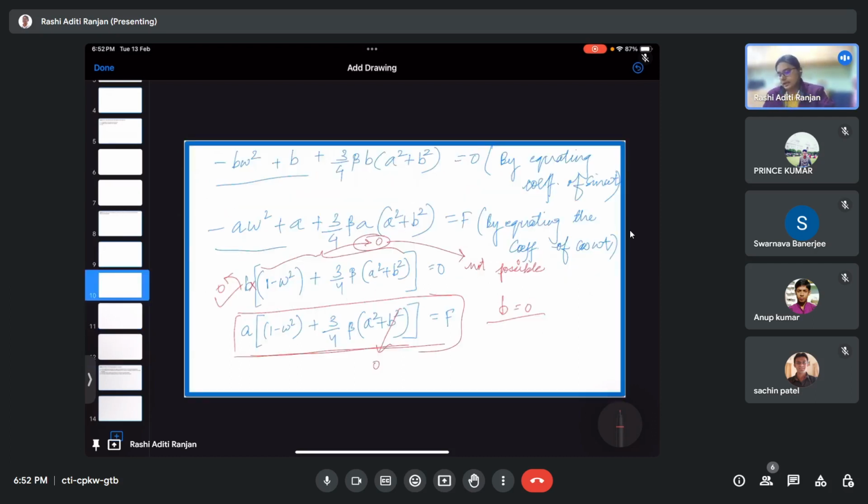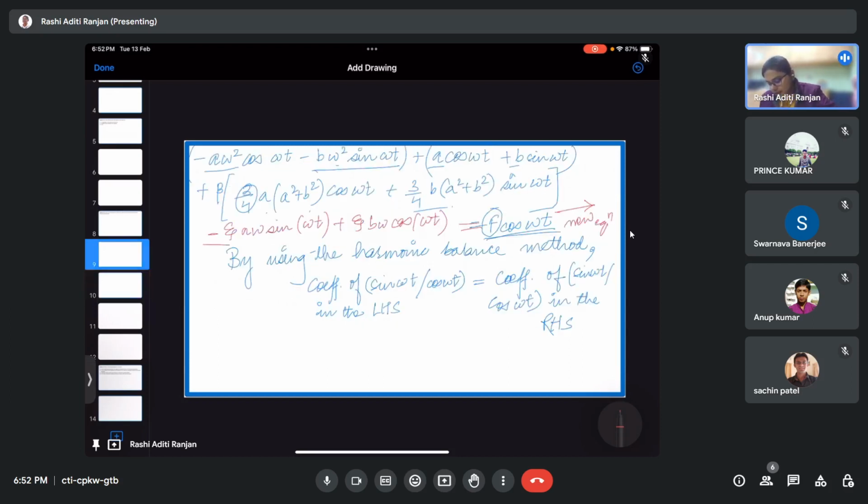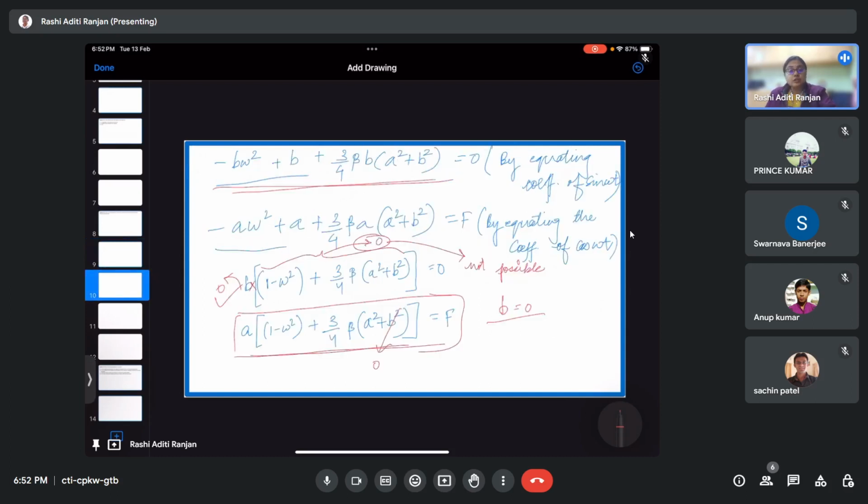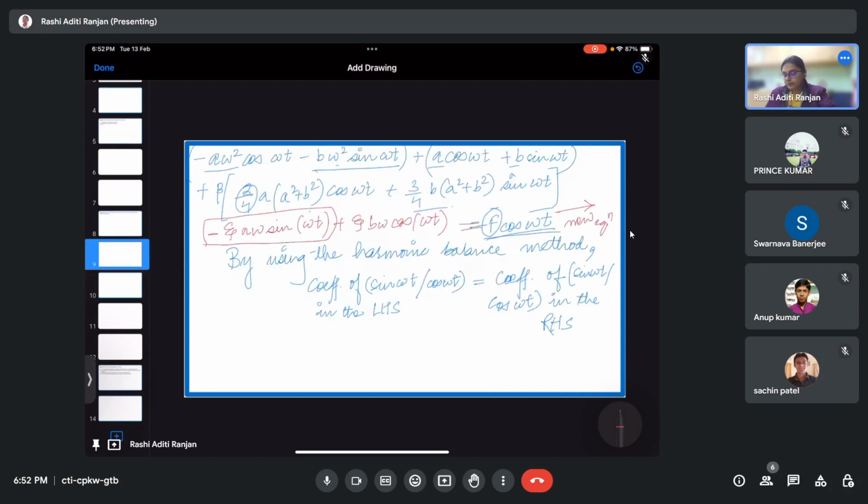Initially I got this expression by equating the coefficients of sine omega t. Now you can see that there is this introduction of one new term related to sine omega t. So in this expression where I had the coefficients of sine omega t, there will be addition of this term as well, which is minus of epsilon a omega, isn't it?